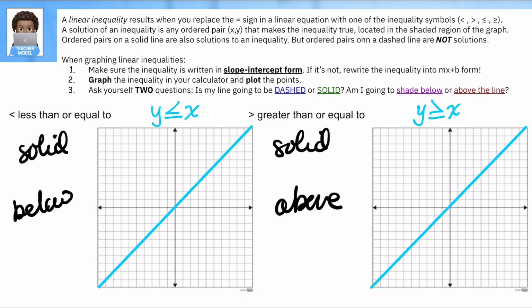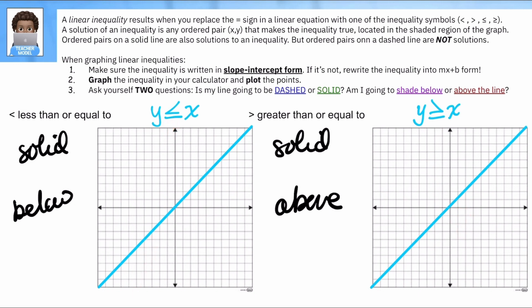So what does the solution set look like when I have the greater than or equal to symbol? When our inequality symbol is underlined, that means it can be equal to, meaning that these are all possible solutions. That is why I can have a solid line, because as long as this is underlined, this line can be solid.